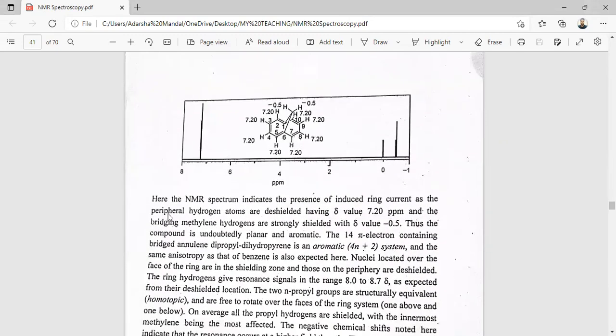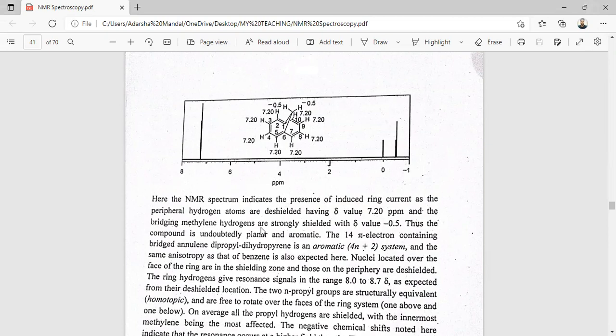Here the NMR spectrum indicates the presence of the induced ring current, as the peripheral hydrogen atoms are deshielded, having delta values of 7.20 ppm, and the bridging methylene hydrogens are strongly shielded with a delta value of 0.5.